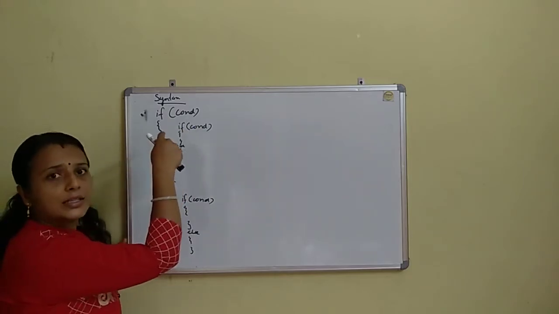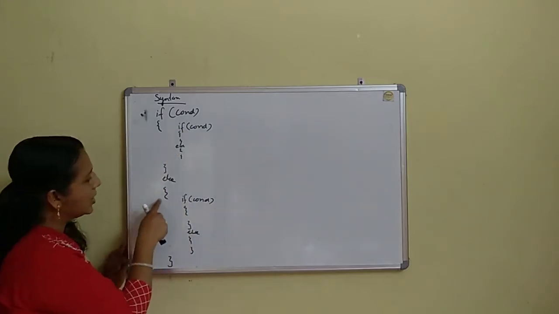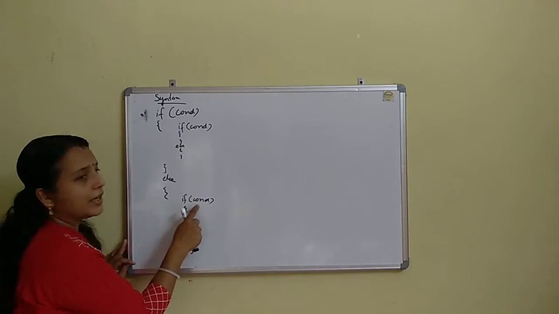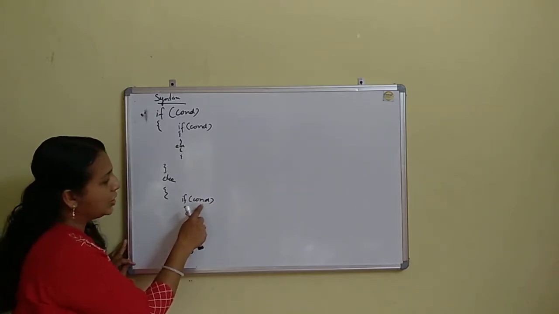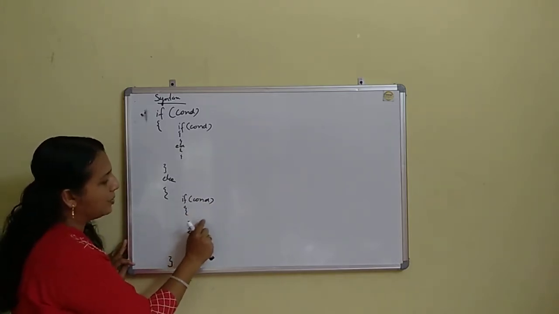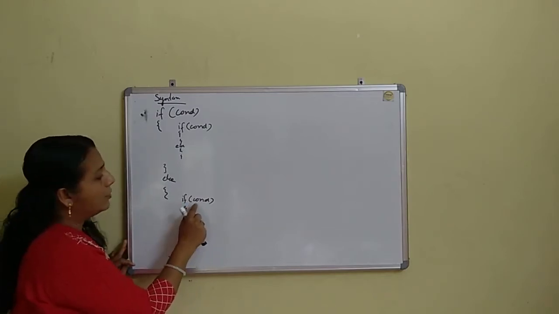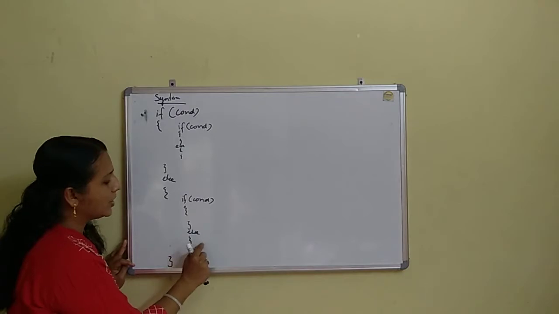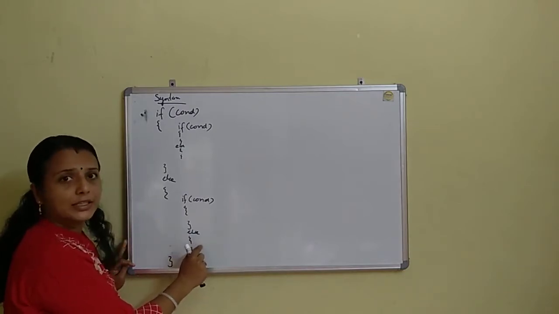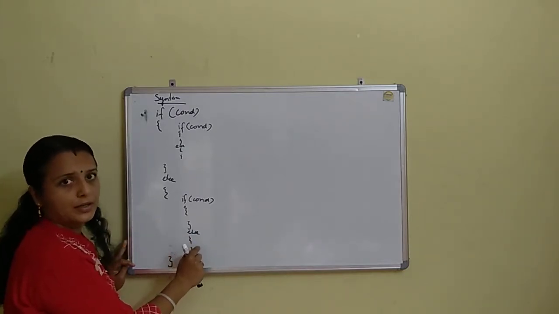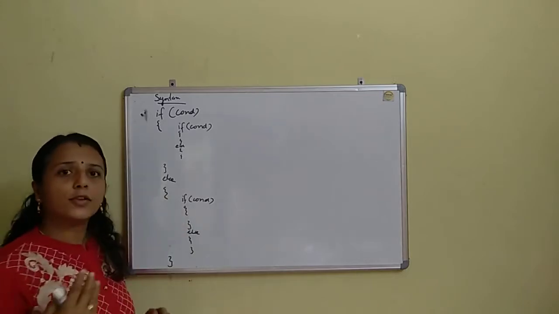The if block gets terminated completely and the control comes here and checks this if condition. If this condition is true, it will execute all the statements written inside the inner if block, or if this condition is false, it is going to execute all the statements present inside the inner else part. Okay, so this is how the execution goes on.